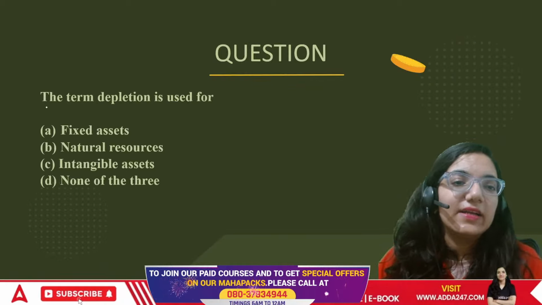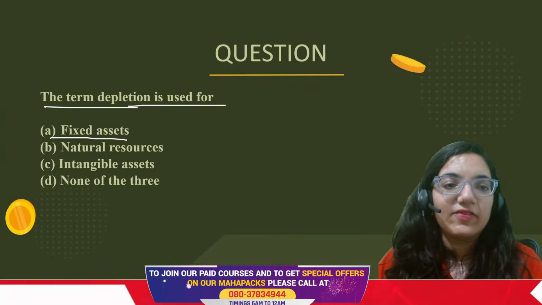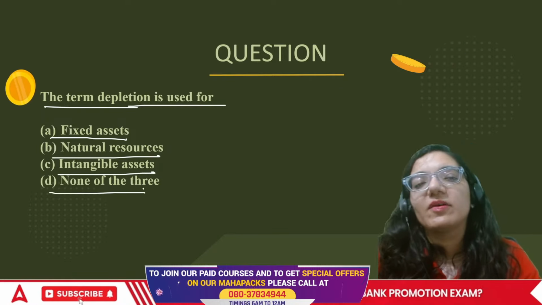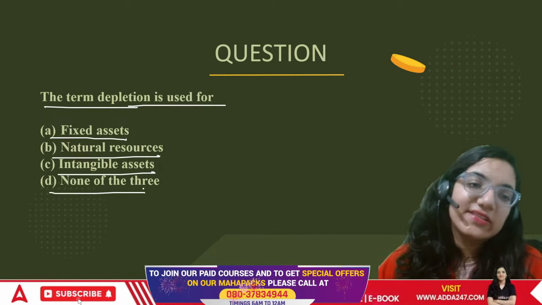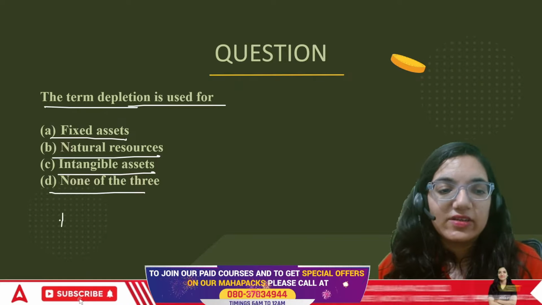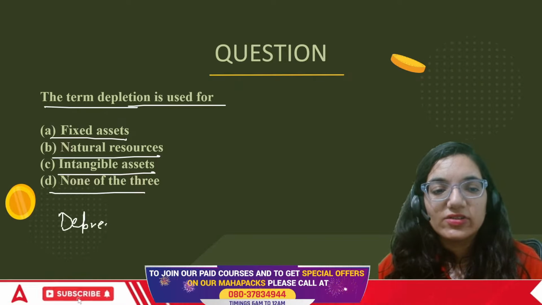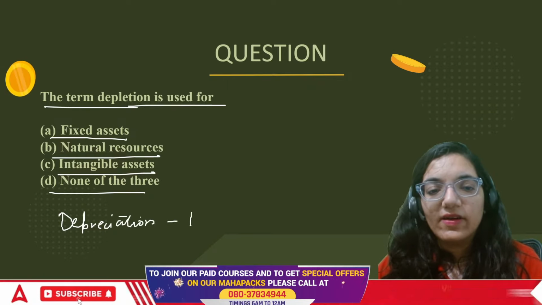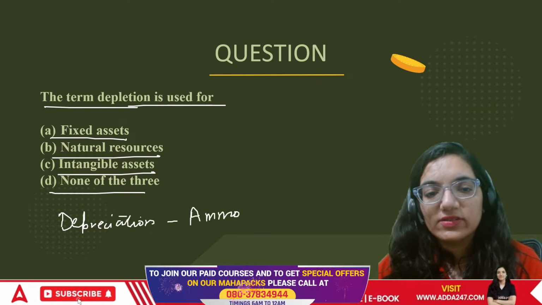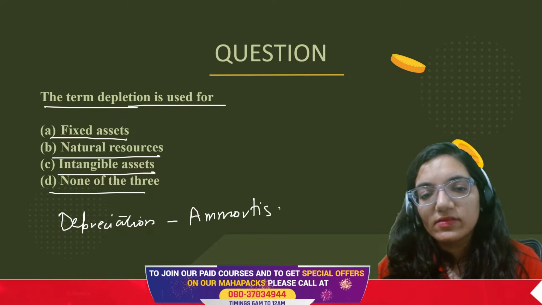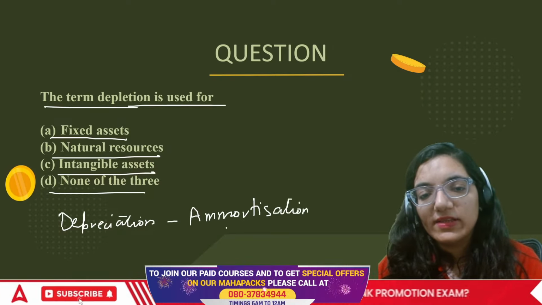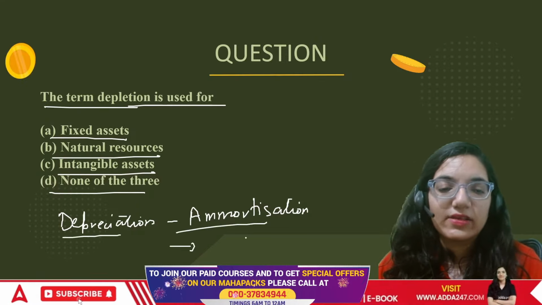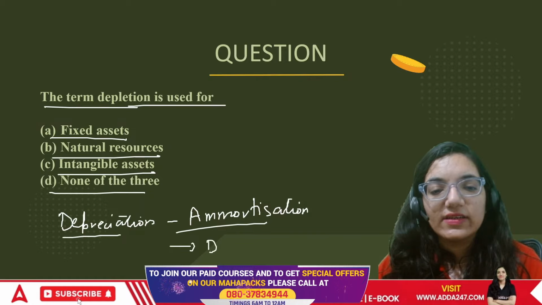The term depletion is used for fixed assets, natural resources, intangible assets, or none of the above. Okay, depletion is a term. There are two or three terms: depreciation, amortization, and the last is depletion.